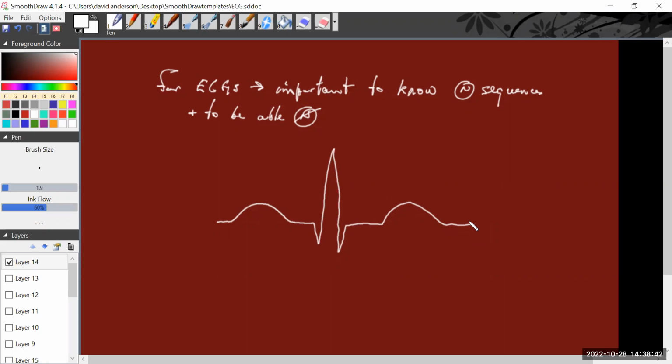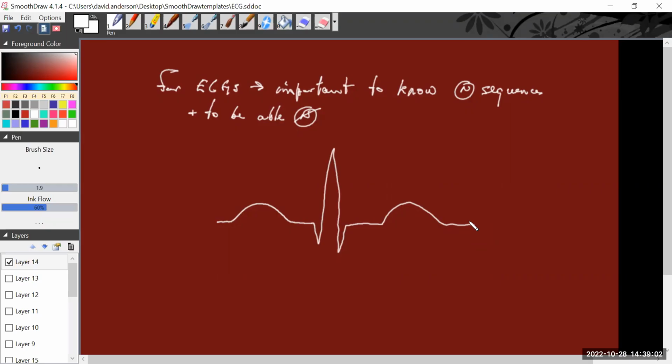If you start to see a really irregular, large waves happening with no obvious atrial contractions in between, it's probably ventricular, either ventricular fibrillation or ventricular tachycardia, because we lose our patterning in those situations.